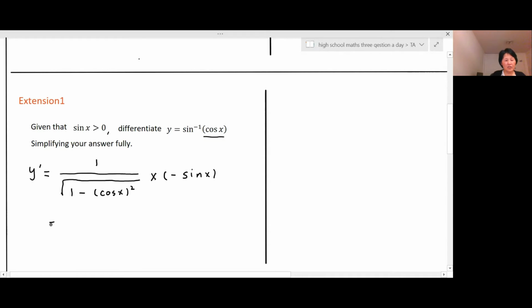Okay, then equal to 1 on root of sine square x, times minus sine x.